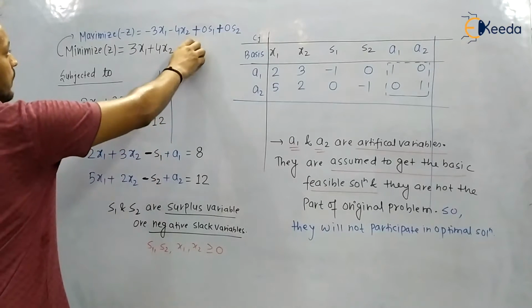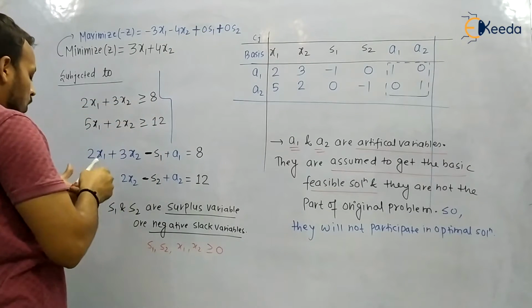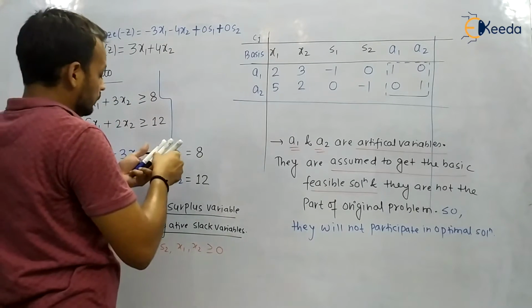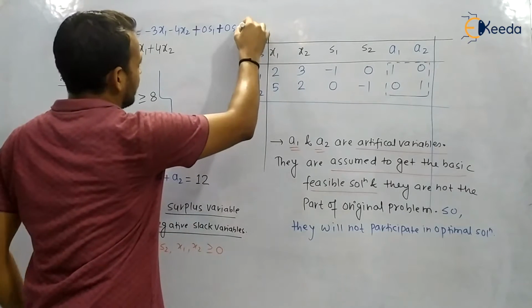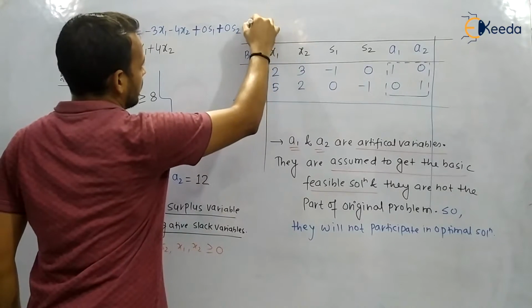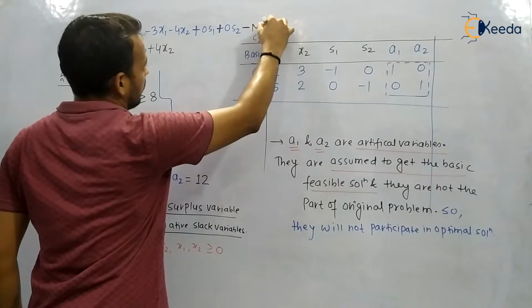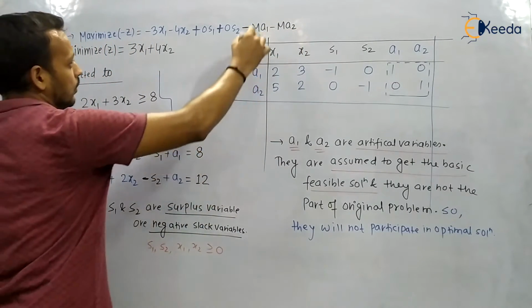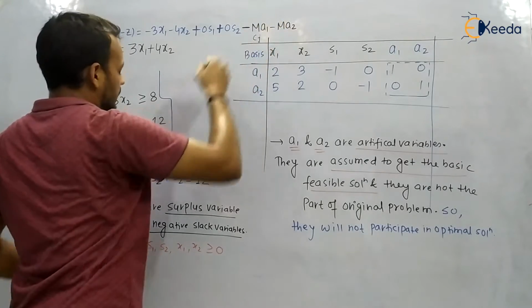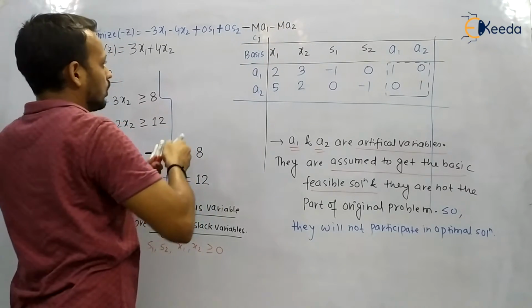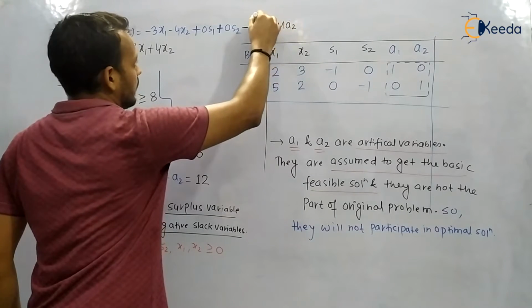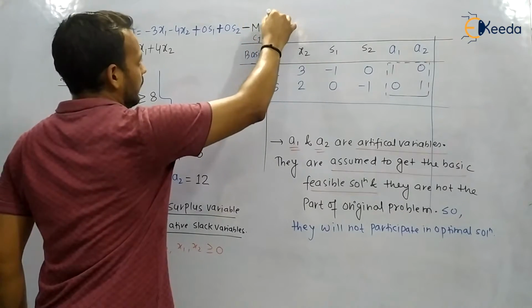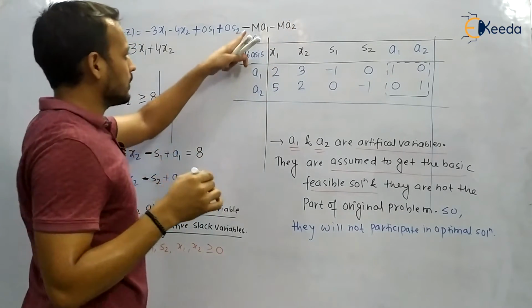So some modifications should be done in the objective function also. Just write here minus m a1 and minus m a2. The coefficient of artificial variables is minus m and minus m. Why is it minus m?